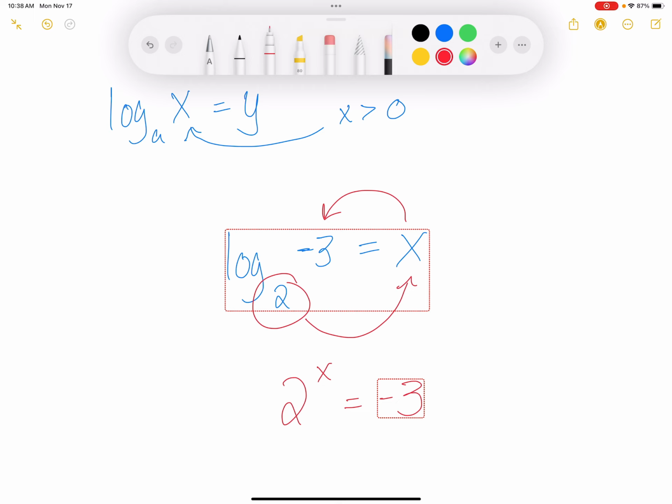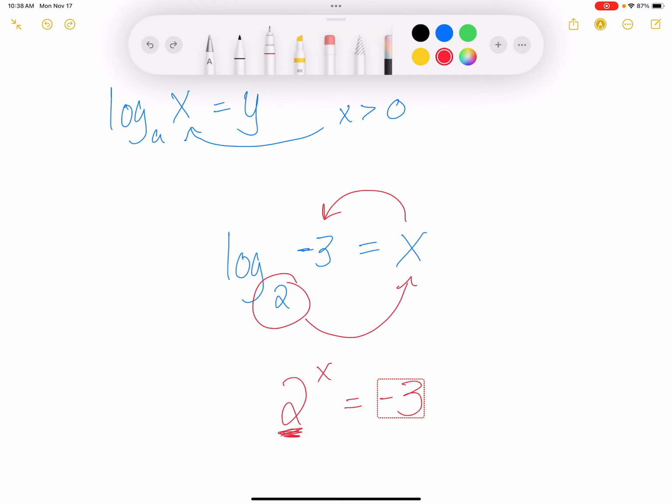2 to any power, because 2 is positive, there is no power that I can put in here. It doesn't matter what number, it'll never give me a negative. You can put a negative number in there, it's still positive. You can put a big number in there, it's just bigger. You can put a small number in there, it's getting closer to 0.